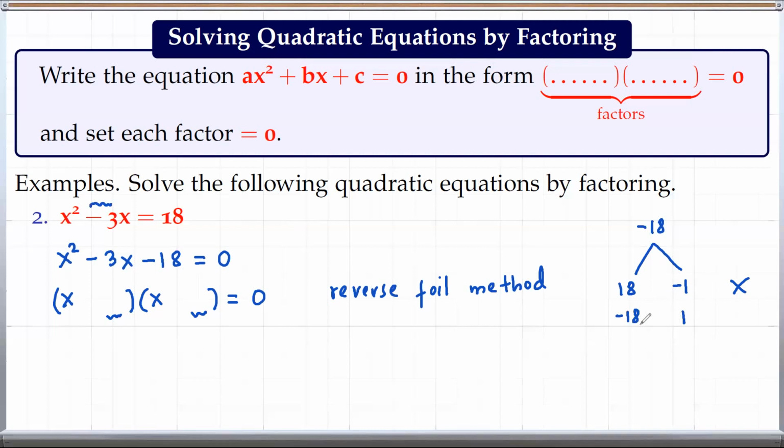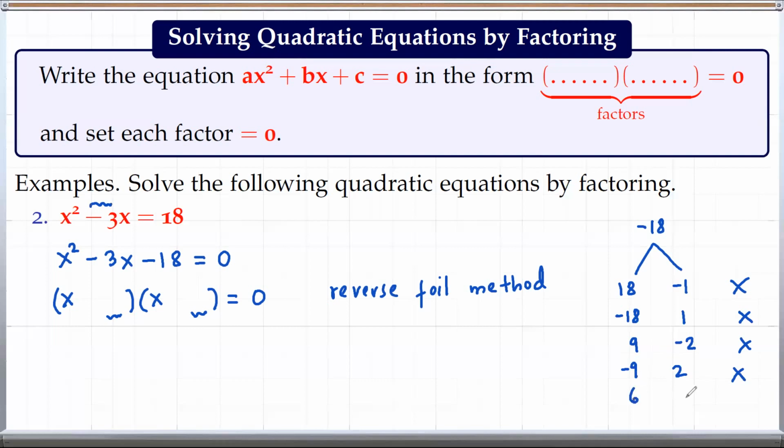That is also negative 18. Again, the sum is negative 17. So that doesn't work. The next one can be 9 times negative 2. But the sum is 7, which doesn't work. The next one can be negative 9 times 2. The sum is negative 7. So that also doesn't work.